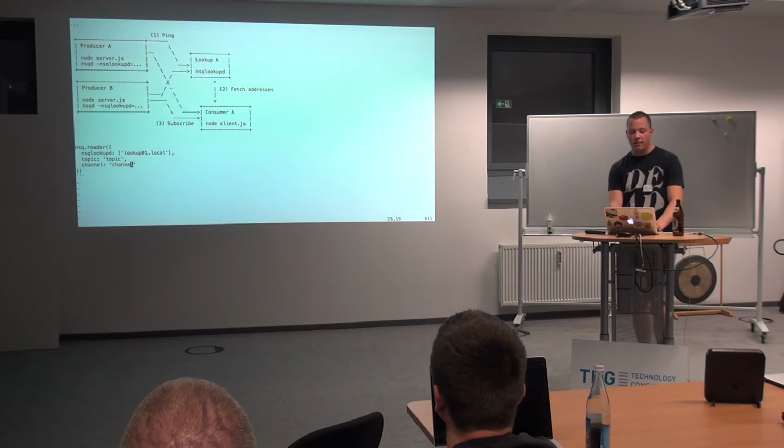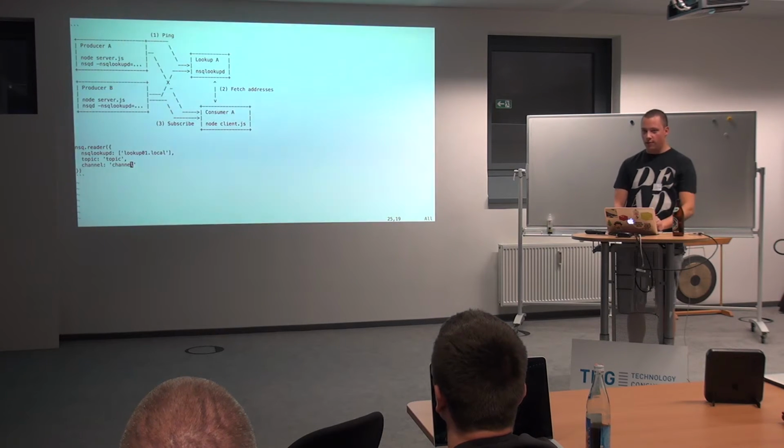Internally, NSQ.js is pinging all the lookup Ds and asking, okay, which nodes should I connect to when I'm interested in this data? Then gets the reply, and the clients connect to all those nodes and fetch data.